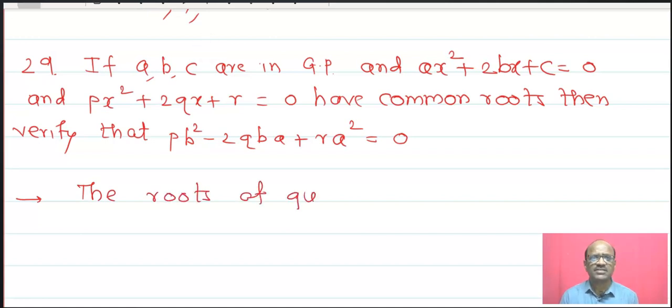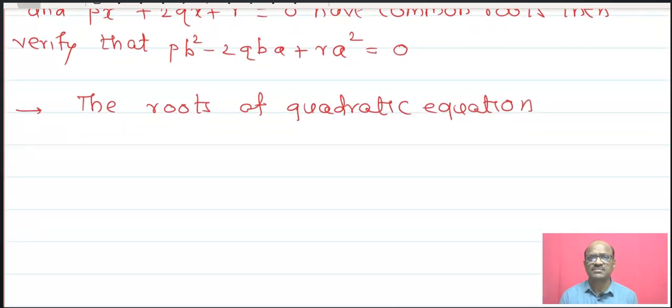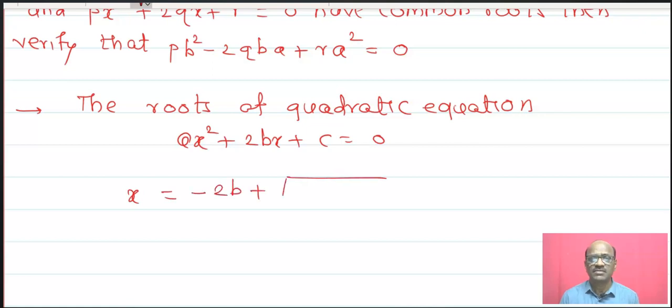Now see this, the roots of the quadratic equation ax square plus 2bx plus c equals to 0 are, here we will apply the formula.